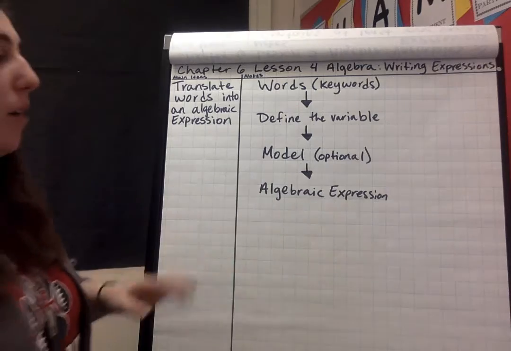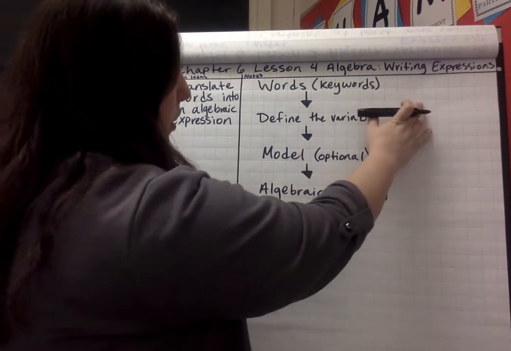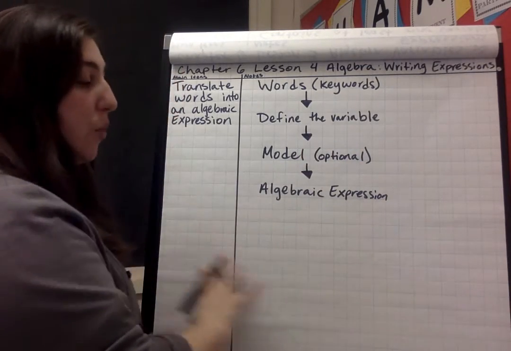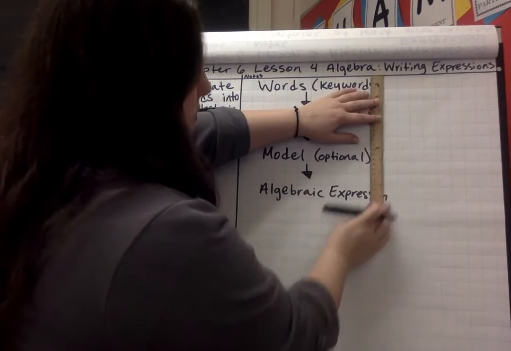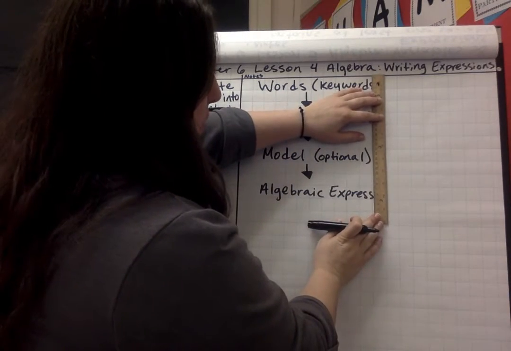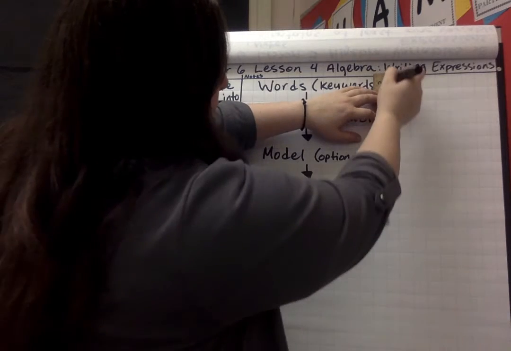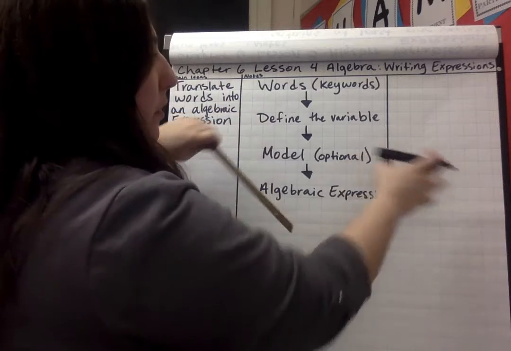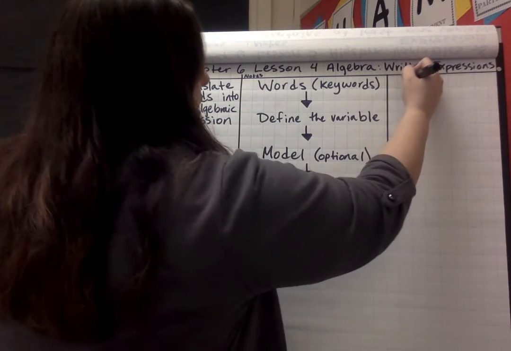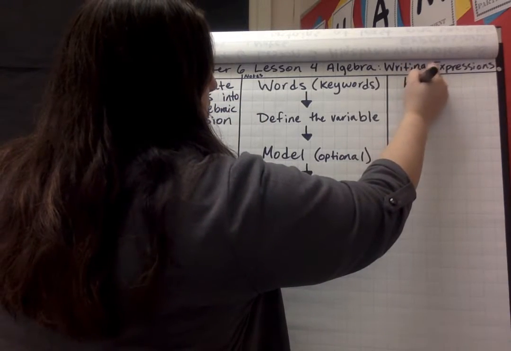Now let's talk about some of our keywords over here. Okay, and then we will get into discussing some examples. So I'm just going to make a line here separating what we did over here from our keywords. Go ahead and put keywords at the top.